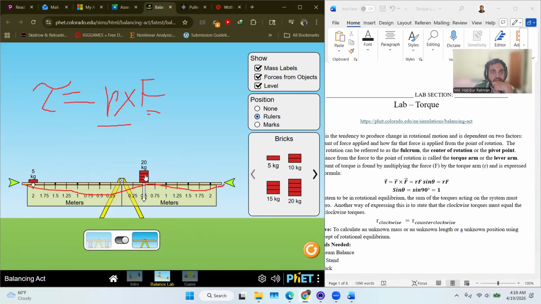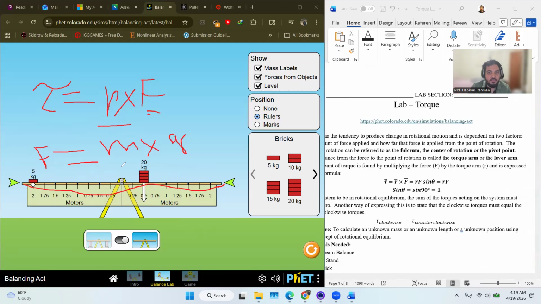Here I am balancing 20 kg by 5 kg, and the distance from the center to this one is 0.5 meter. So it's very small, but the longer arm side is long, so using less force, because we know that weight is one kind of force. Force equals mass times gravity.